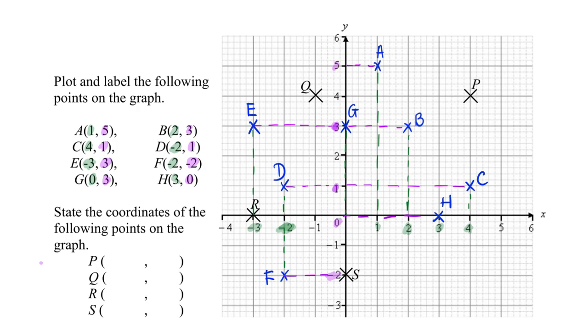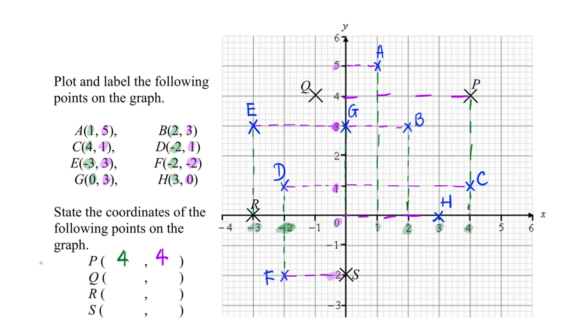Next part of this problem requires us to state the coordinates of the following points, P, Q, R, S. So for point P, x is 4, y is also 4.